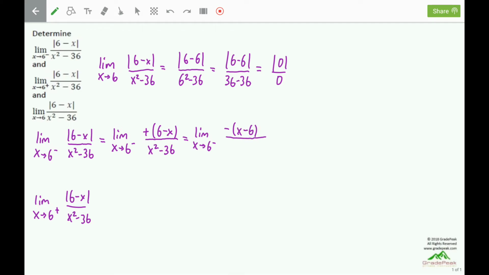In that way, it'll match after factoring the denominator, because we have a difference of squares, which will factor to an x plus 6 and an x minus 6. And we can now see the factors that are making the 0 over 0 indeterminate form. It's the x minus 6, which can cancel, leaving a negative 1 in the numerator.